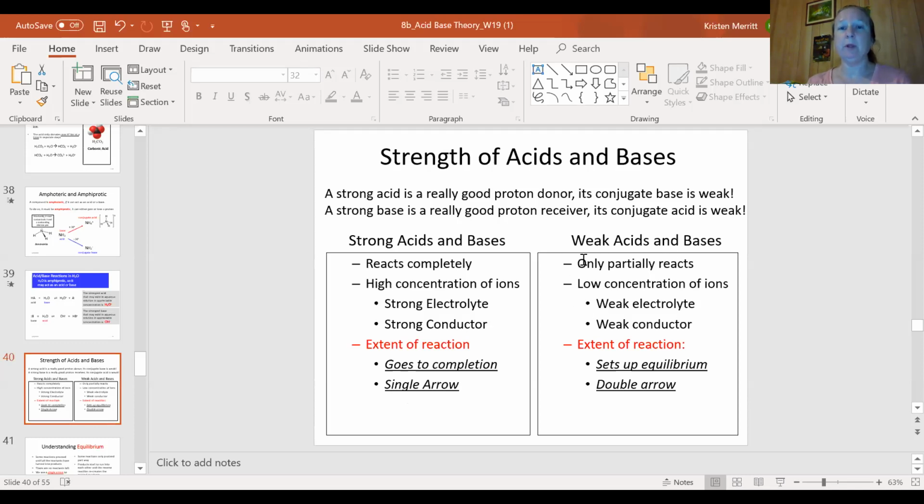A weak acid or weak base only reacts partially, so you have a double arrow. It's a weak electrolyte and therefore a weak conductor because only a very small percentage of it becomes ions. So just a small concentration of ions is made. And so you have an equilibrium, which we show with a double arrow.